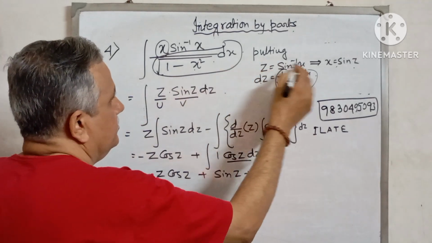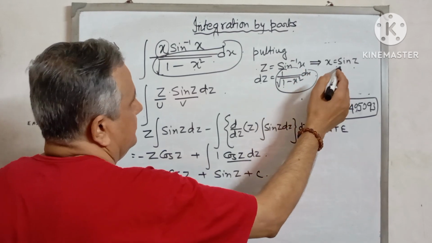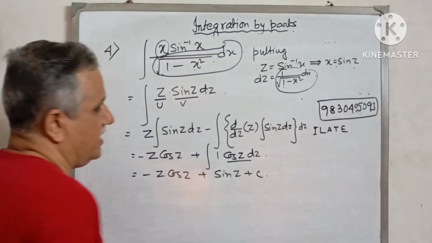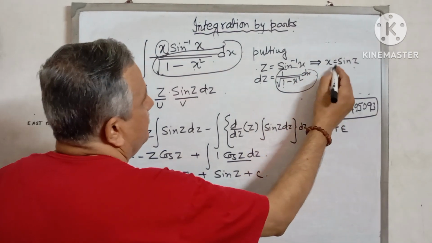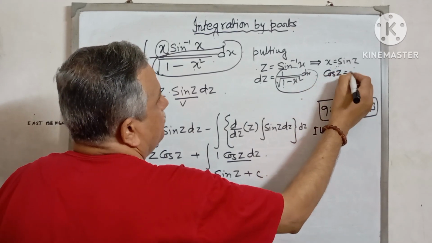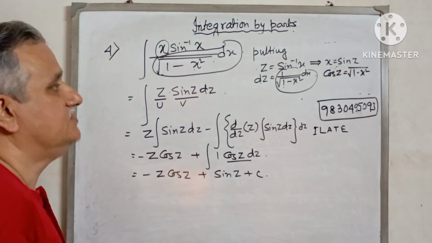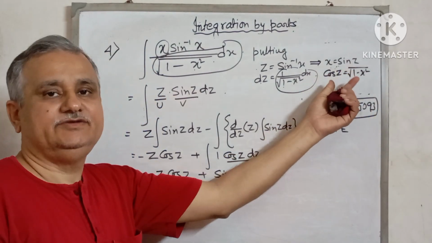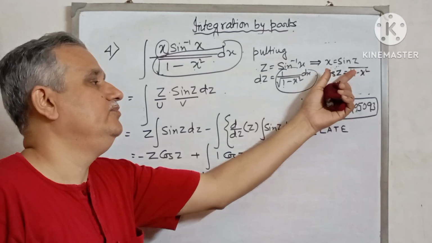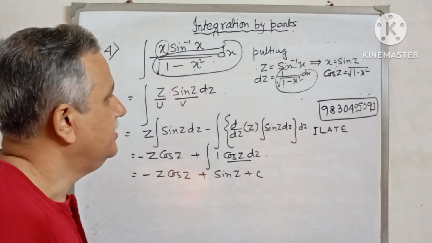Here we put z equal to sin inverse x, that is x equal to sin z, and from here if we find cos z, it becomes root over 1 minus x square, because we know that sin square z plus cos square z is 1. From that we can write cos z is root over 1 minus x square.